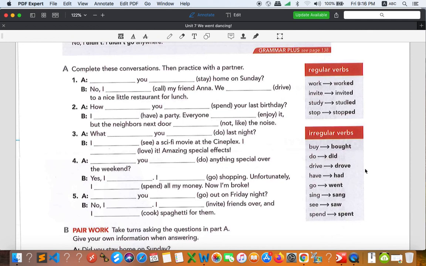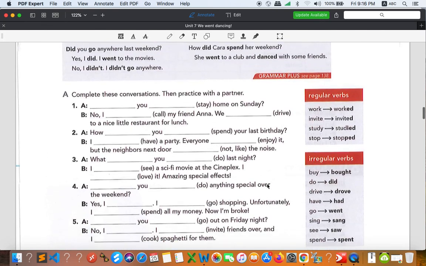But for regular verbs, you have to remember whether it's about Y, or with E, or CVC, or whether the stress is on the first syllable or on the second, things like that. So you have to understand. But this, you have to remember, because they are irregular verbs. Go, went, sing, sang, see, saw, spend, spent, okay, things like this.